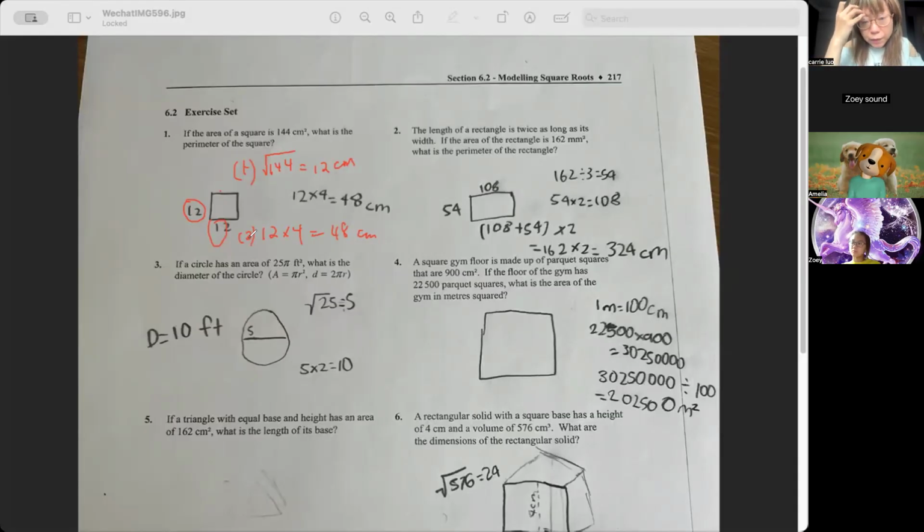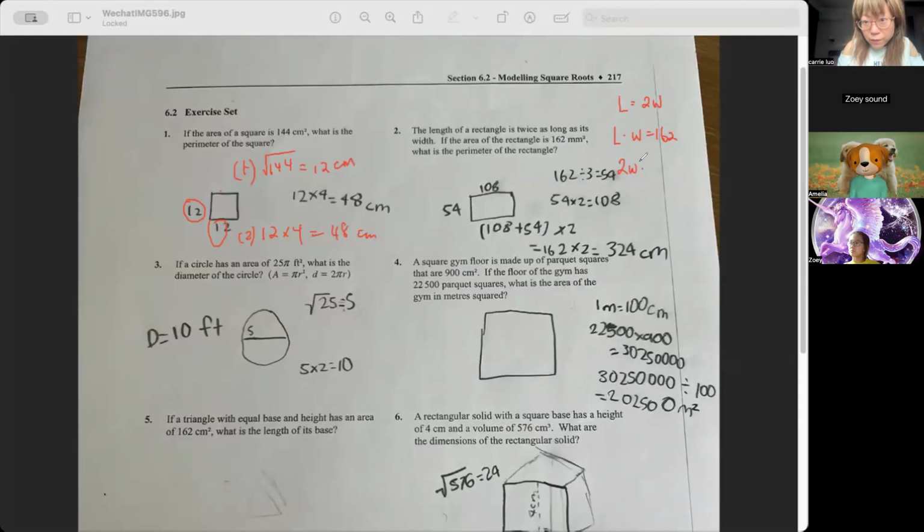The length of the rectangle is twice as long as its width. If the area of the rectangle is 162 millimeters square, what is the perimeter of the rectangle? It's the same approach. We need to make the length equal to 2 times the width, right? And length times width equals 162.